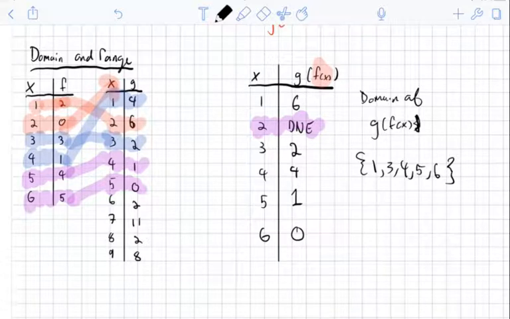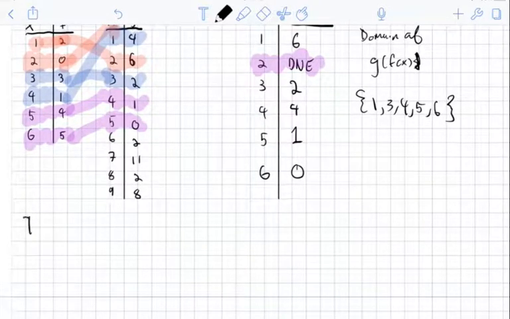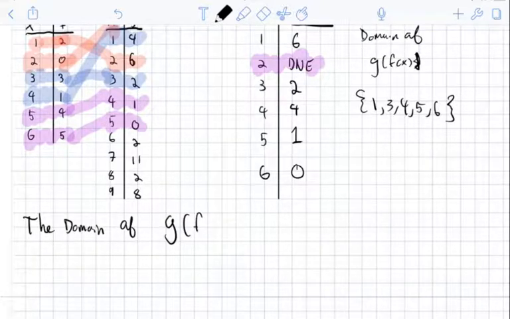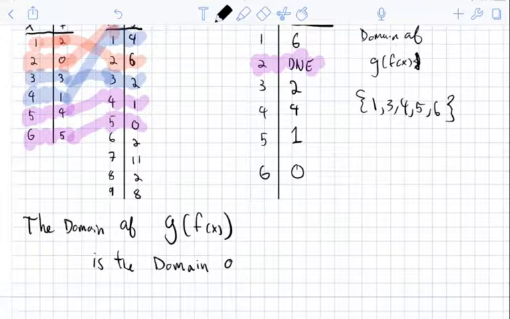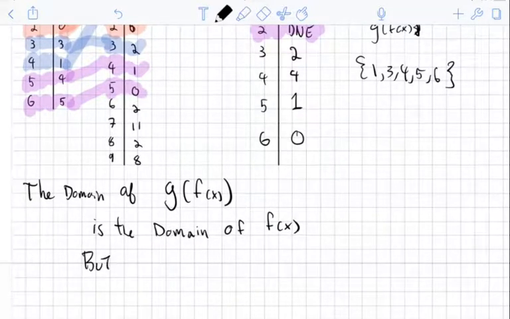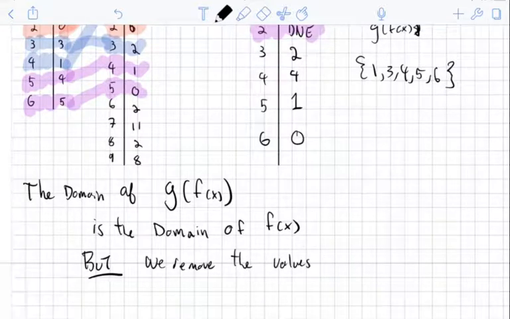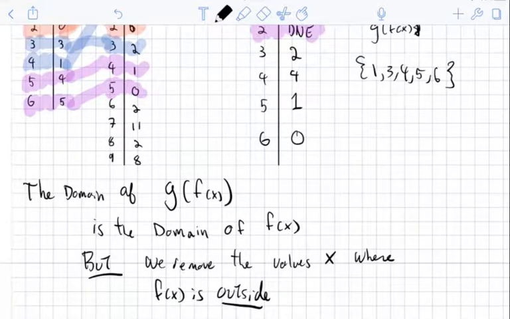Okay. Wait, hold on. Yeah. So the domain of g of f of x, that composite function, is the domain of f of x, but we remove from it the values x where f of x is outside the domain of g of x.